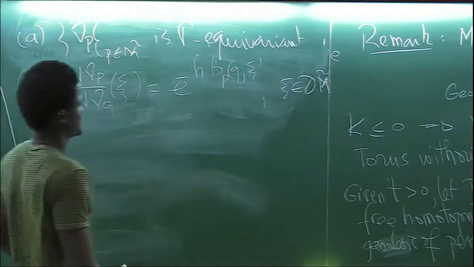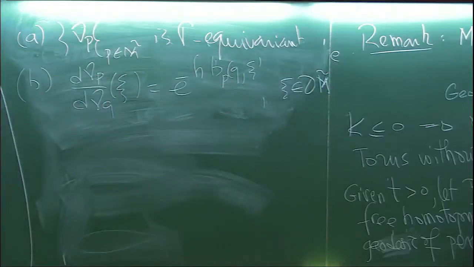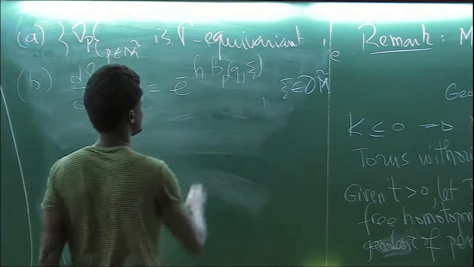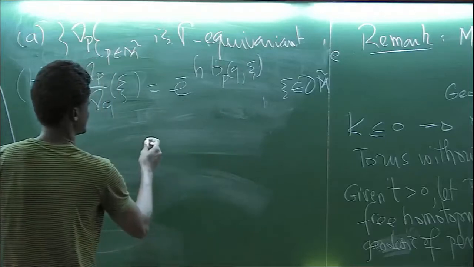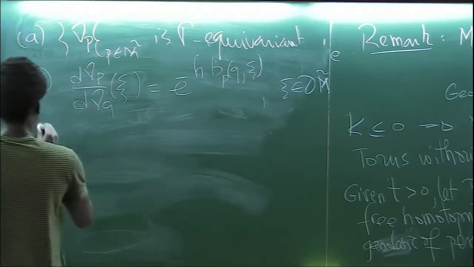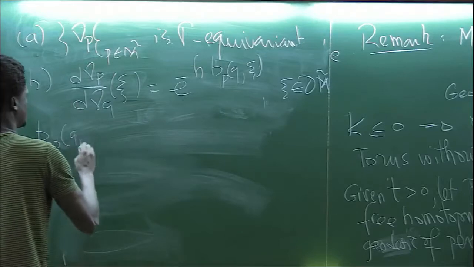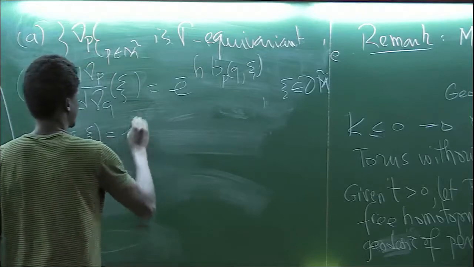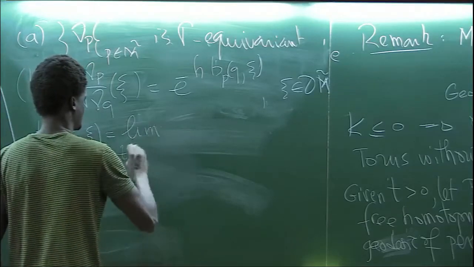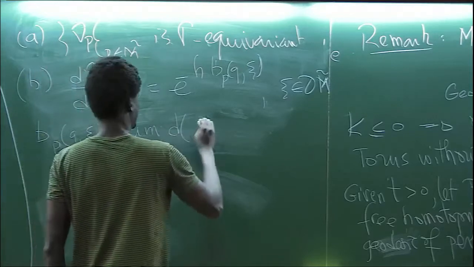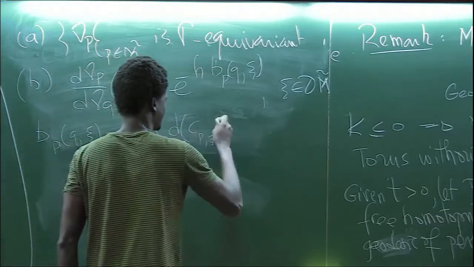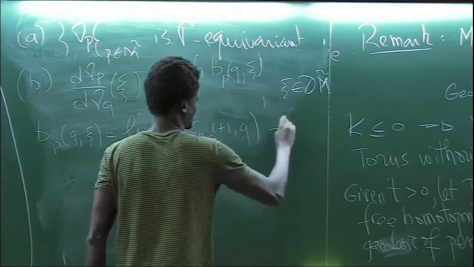I told you there is a natural way to compactify it, and the boundary is like a circle. So what is this quantity? It is a Busemann function attached at psi. You can define b_{p,q}(psi) equals the limit when t goes to infinity of the distance between c_{p,psi}(t) and q, minus t.